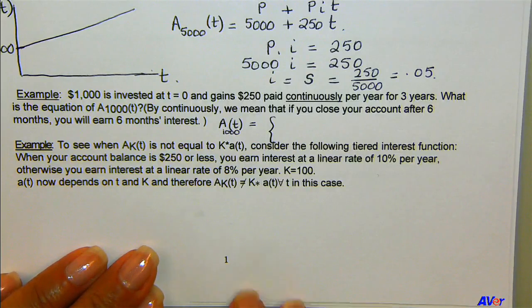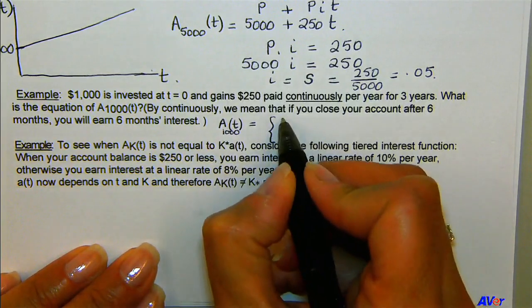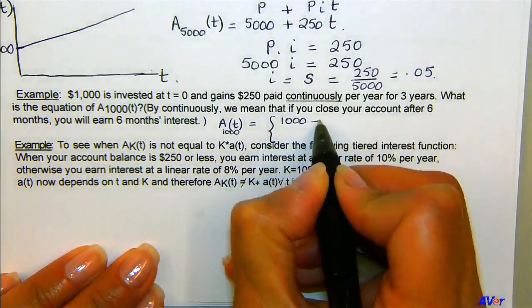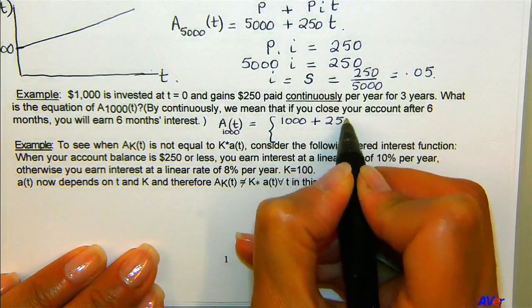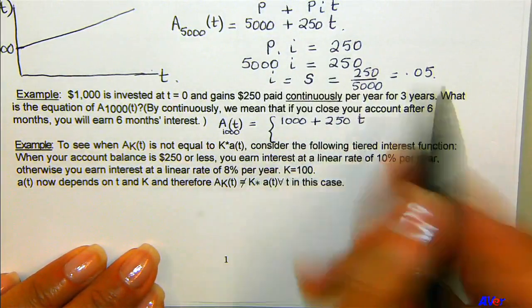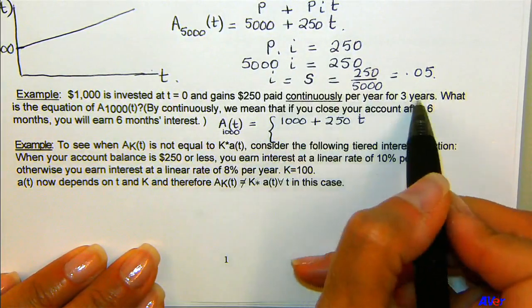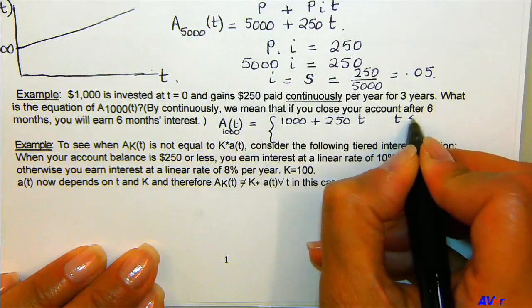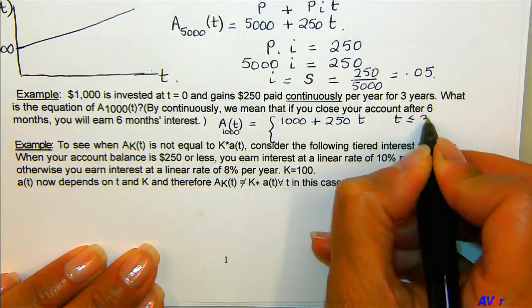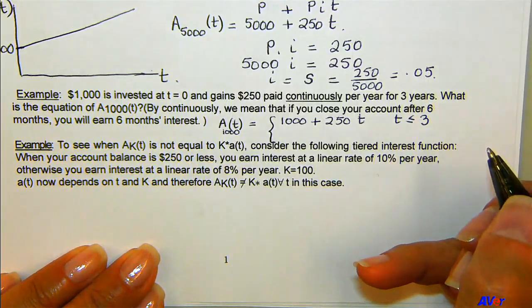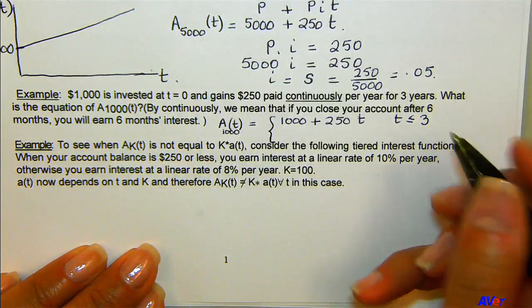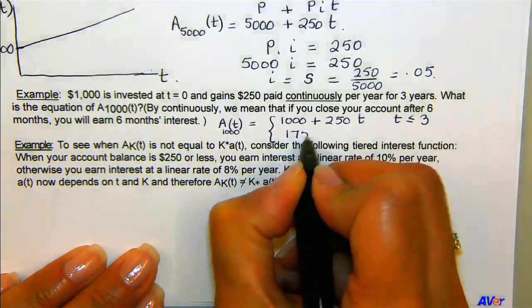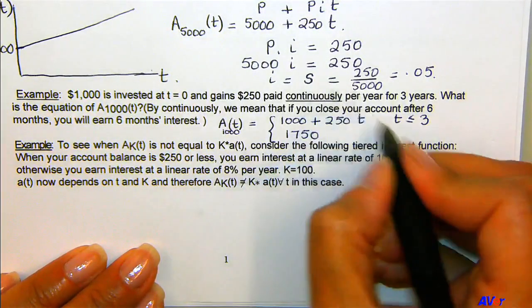It earns $250 continuously, right? So how about something like this? 1,000 plus 250t. It earns this for 3 years, so t less than or equal to 3. And 1,750 otherwise, because after 3 years it doesn't make any interest.